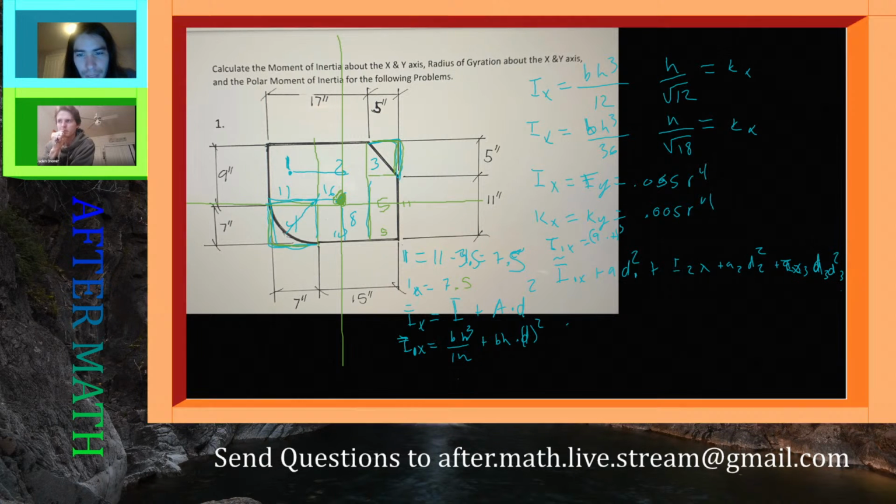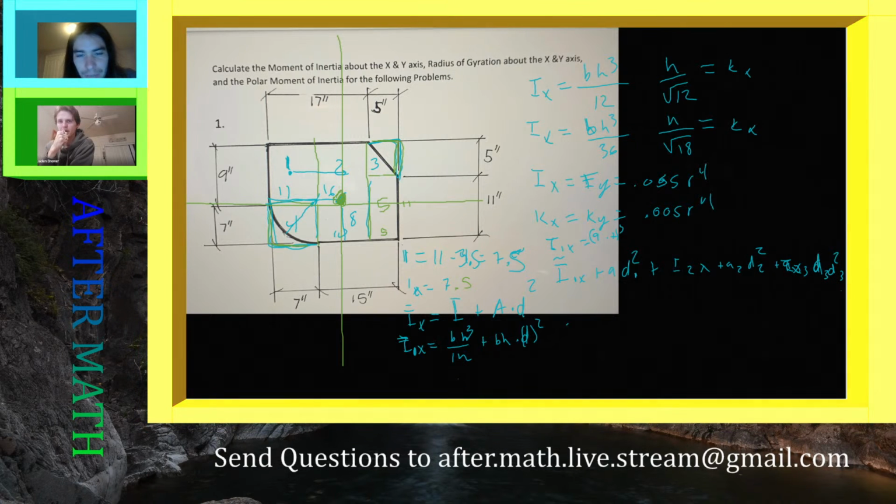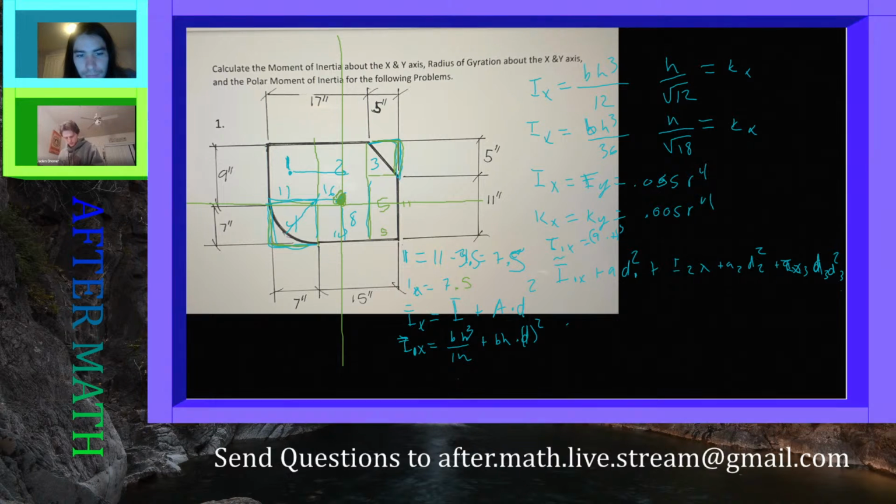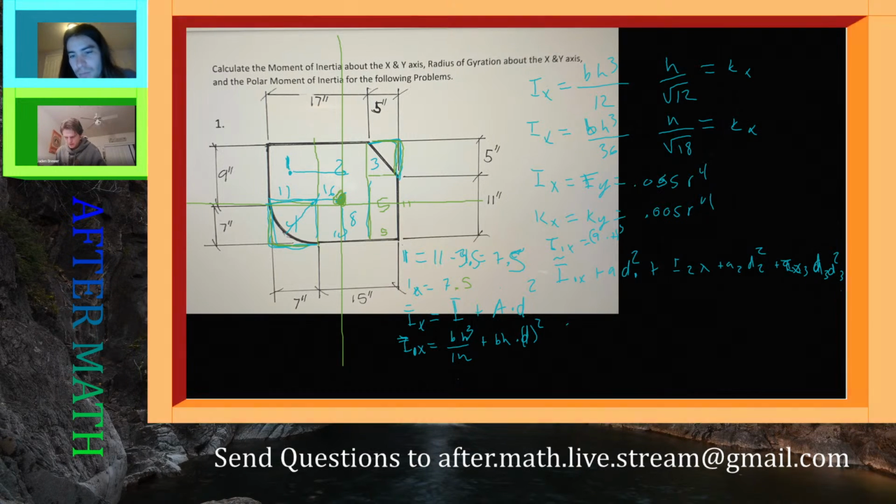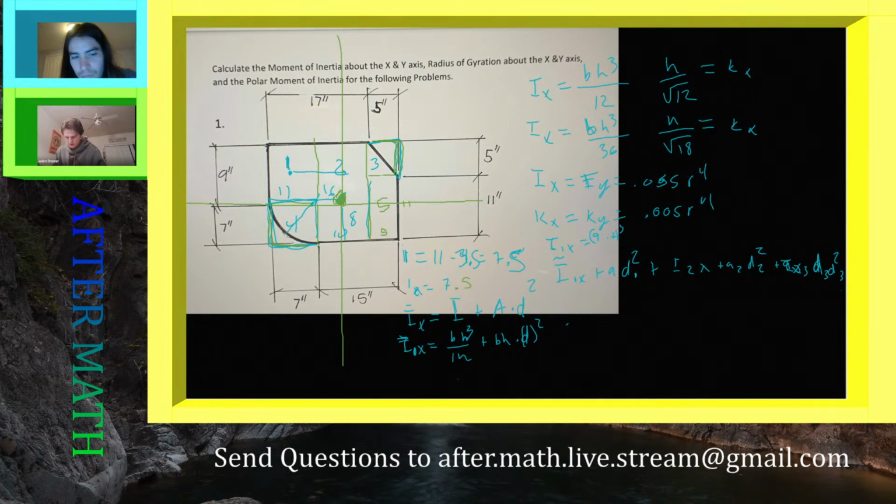The part that I'm not sure about is the radius of gyration about the x and y axis. I think I read that just a second ago. Maybe I looked it up.